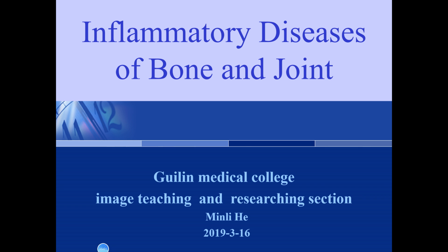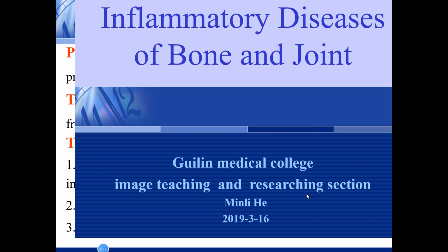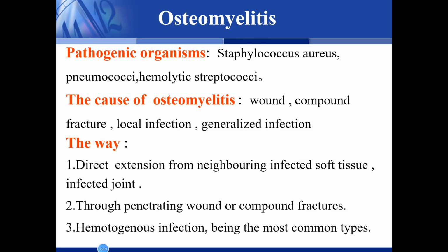Then we will learn about the inflammatory diseases of bone and joint. First, osteomyelitis. The pathogenic organisms are Staphylococcus aureus, pneumococci, and hemolytic streptococcus.